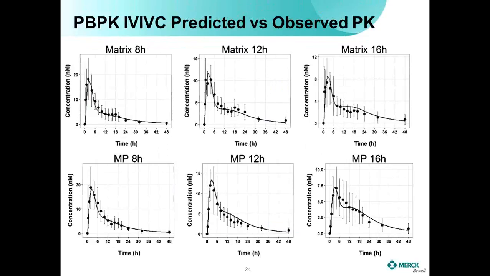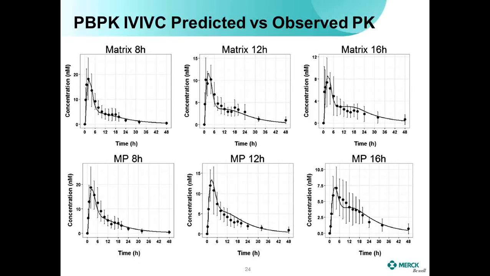So again, this is the predicted versus observed pharmacokinetics using our approach. The matrix formulation and multiparticulate formulations, the observed data and simulated curves are shown in this slide. Basically, you can see that initially the absorption is pretty fast, but the plasma concentration drops pretty quickly and reaches a kind of flattened area from 6 hours to 24 hours, which may indicate that the absorption rate goes slower.